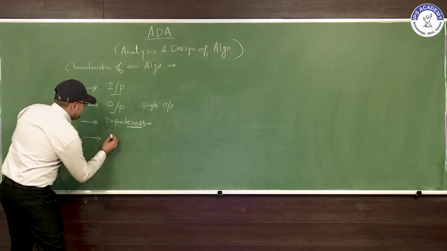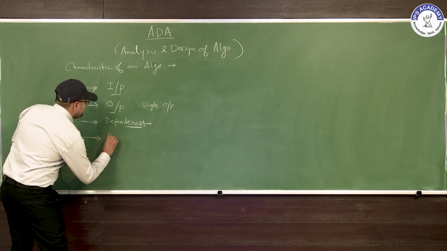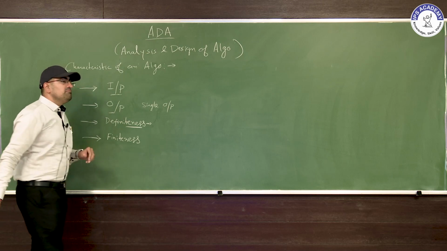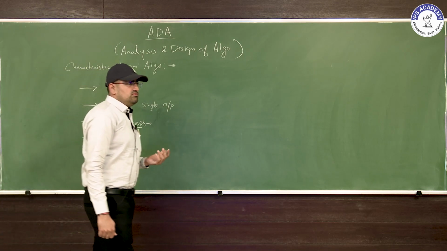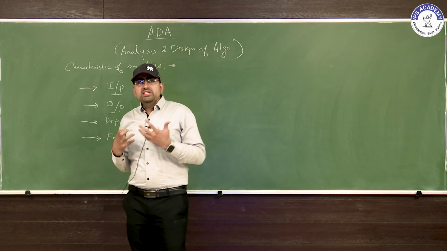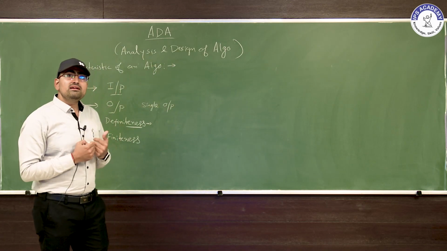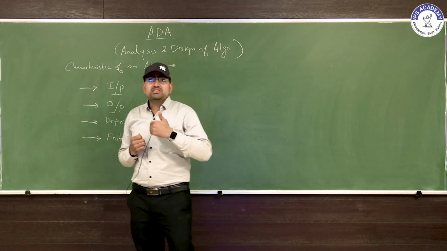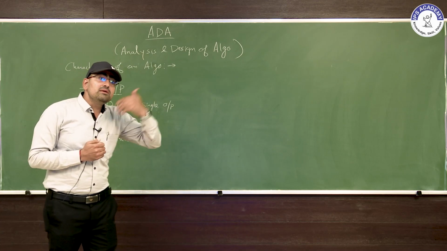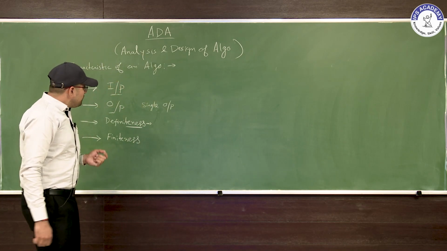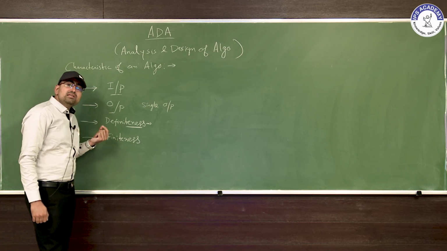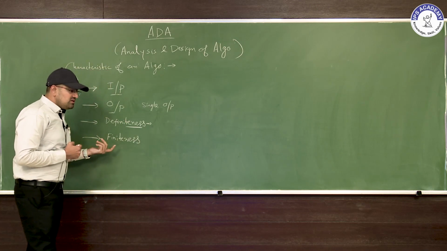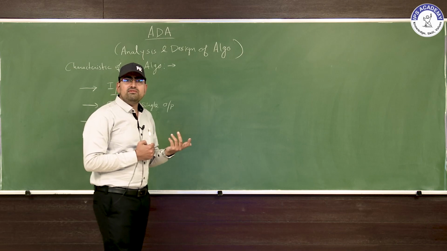And then finiteness. Many times it happens, we always want to terminate the thing that we have started, but accidentally we design some code or write some steps which do not actually terminate somewhere, right? So we must have the block of code in such a way that it terminates somewhere, right? Many times you must have heard about the infinite loop as far as any programming language is concerned, right?